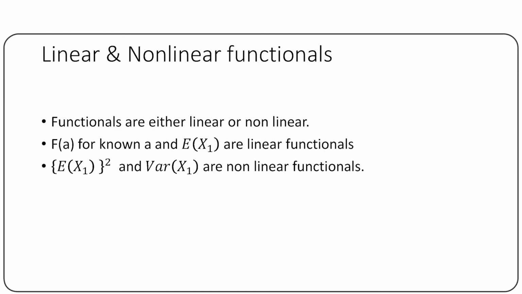So here psi(X) is nothing but the indicator function of X less than or equal to a. Since the expectation of an indicator function is nothing but the probability of X less than or equal to a, here psi(X) is the indicator of X less than or equal to a. And for all these functionals, theta(alpha F1 plus (1 minus alpha) F2) equals alpha theta(F1) plus (1 minus alpha) theta(F2) for every 0 less than alpha less than 1. Therefore, the above functionals are called linear functionals.